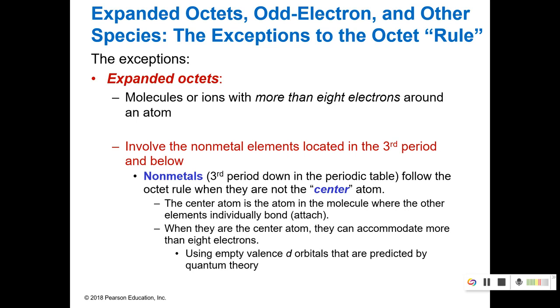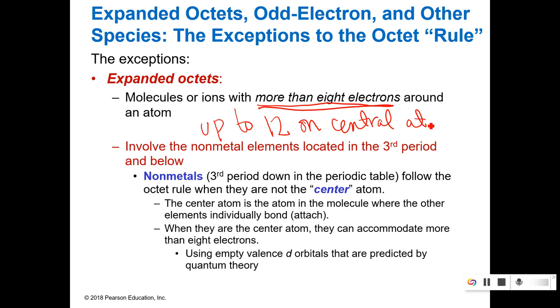There are expanded octets, which means more than 8. And it is only up to 12. And it's only on the central atom. It is very important that you understand it's only on that central atom.